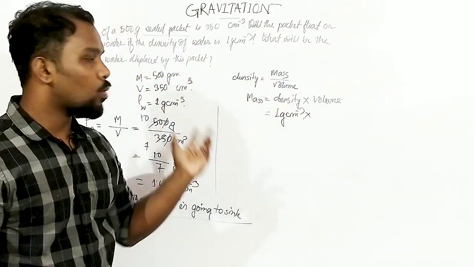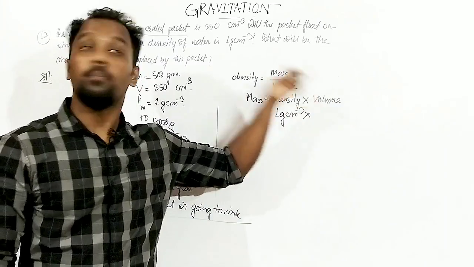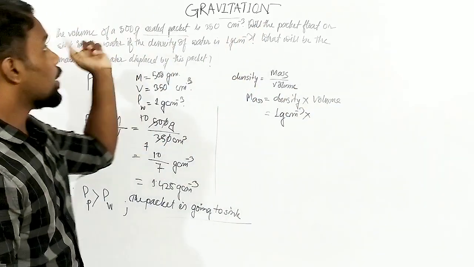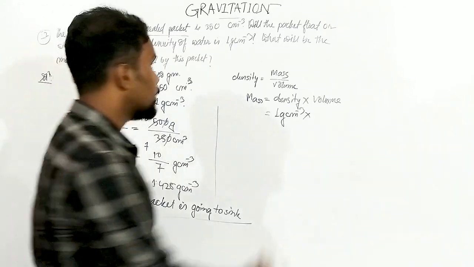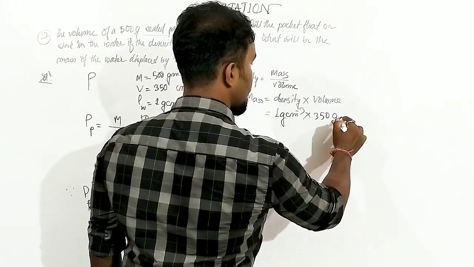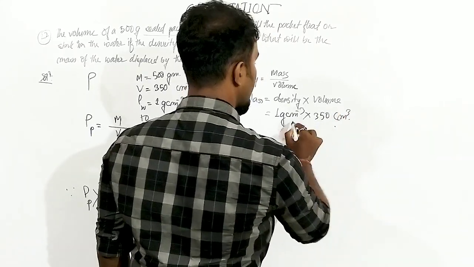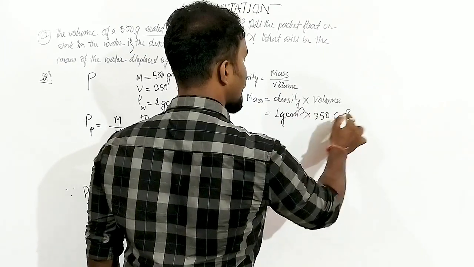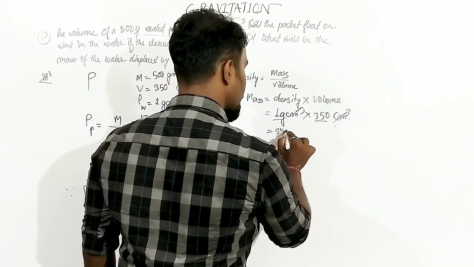When the water is displaced, it will be displaced by that packet, and the volume of that packet was given as 350 centimeter cube. The centimeter cube and centimeter cube will cancel, so only 350 and 1 will remain, so 350 gram.